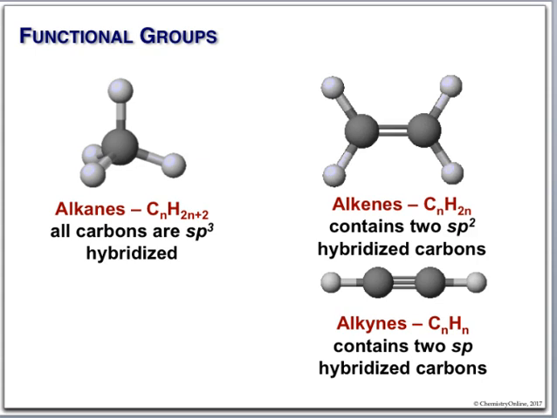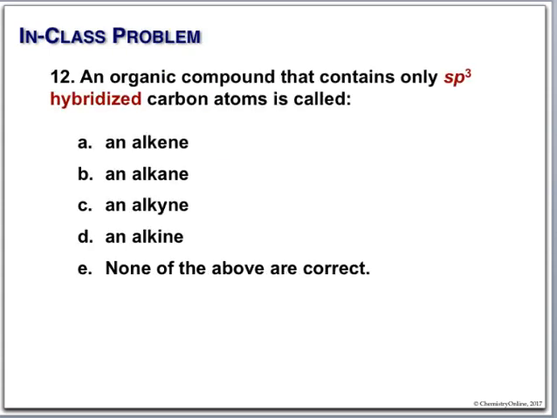The alkane had a general formula of CnH2n+2, and all carbons were sp3. Alkene, CnH2n, and we have sp2 carbons. Finally, for an alkyne, we had sp. So going back to our question, what only contains sp3?